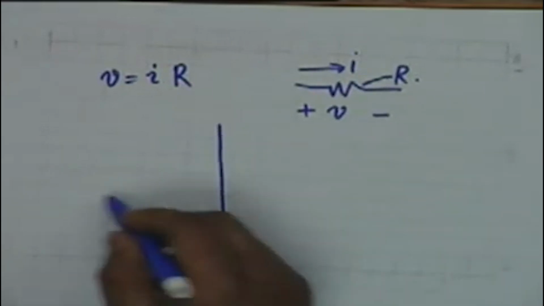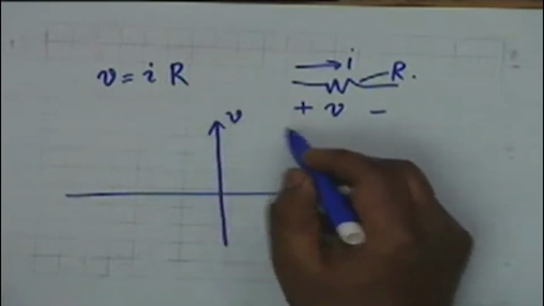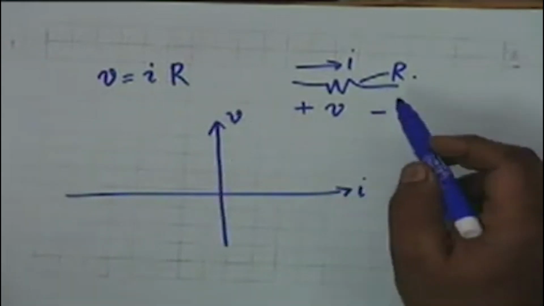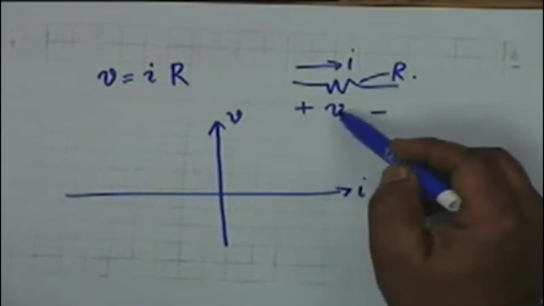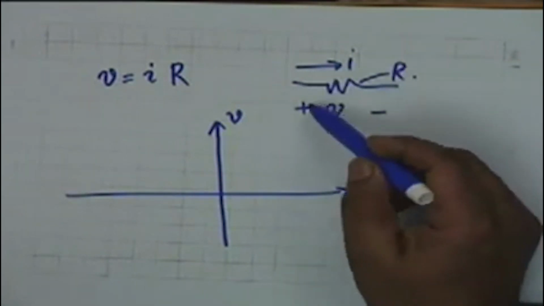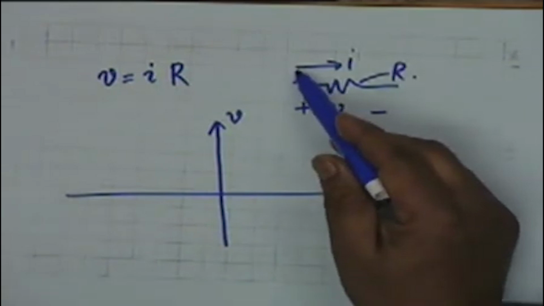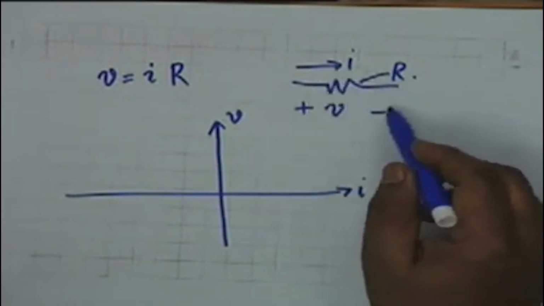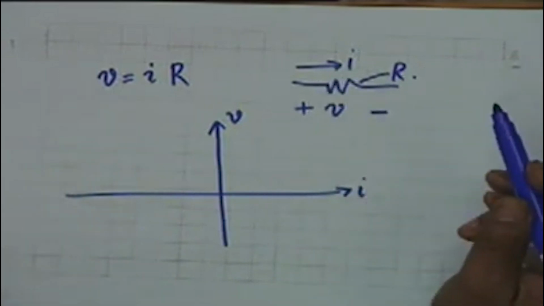Now if it is a linear resistance, then if you plot V versus I, note the polarity. V is considered positive in this direction, that is from where the current is originating, and the current going to the other terminal, that terminal is considered negative.